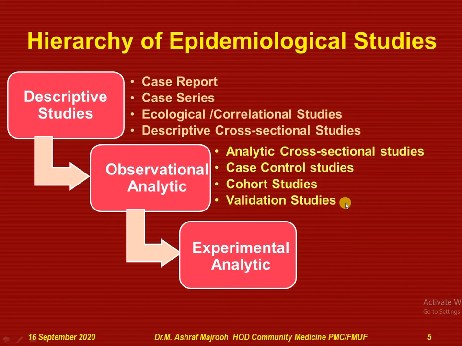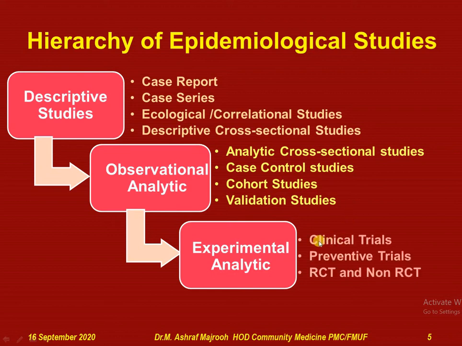In validation study, we study the diagnostic test, the sensitivity and specificity of diagnostic test against the gold standard test. So these are the observational analytic study designs. Then experimental study designs include the clinical trials, preventive trials, and randomized control trial and non-randomized control trials.